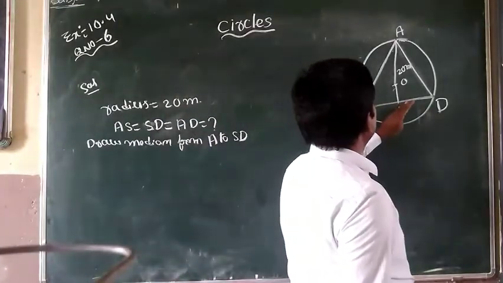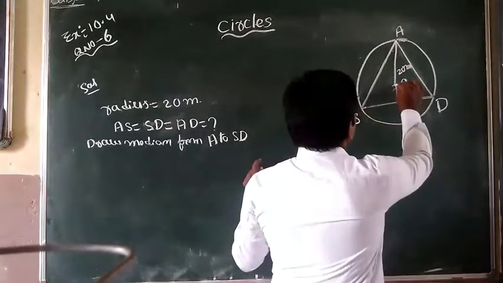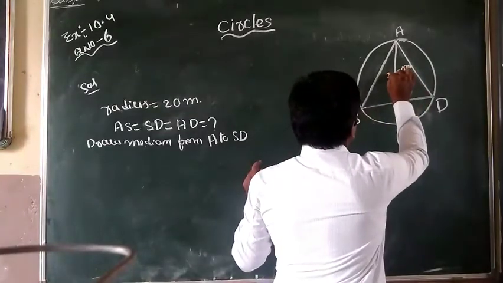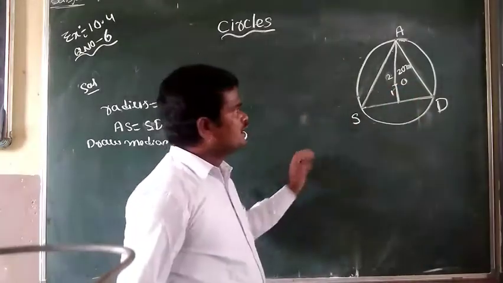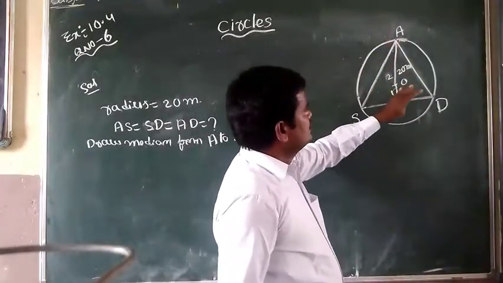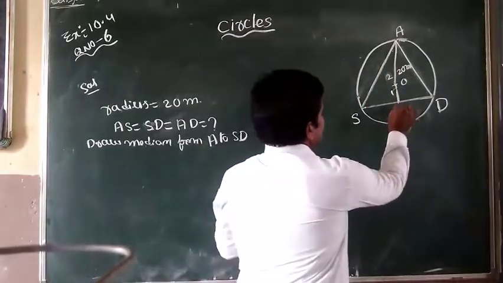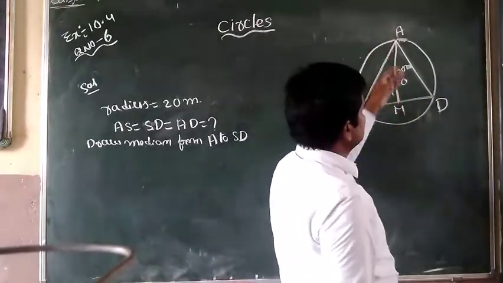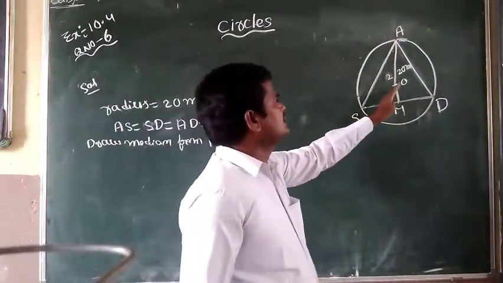In an equilateral triangle, the median divides the altitude in a 2:1 ratio. This is the two parts, and this is the one part. The perpendicular foot can be written as M. So OA is to OM equal to 2:1.